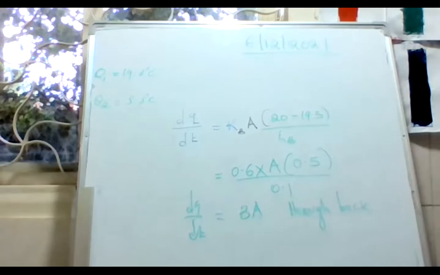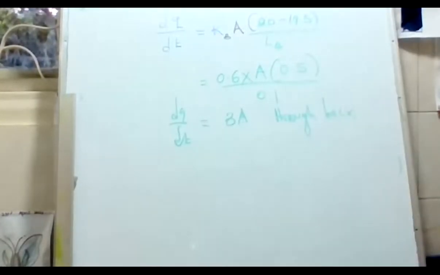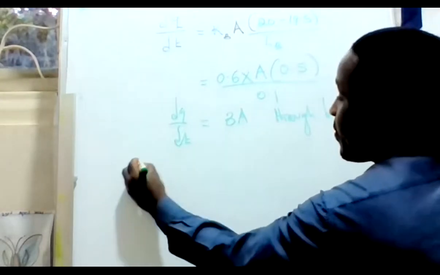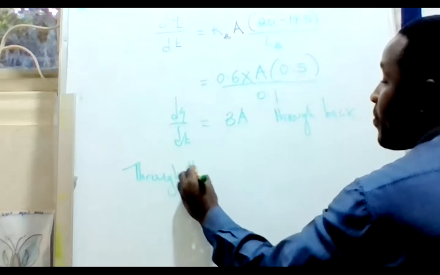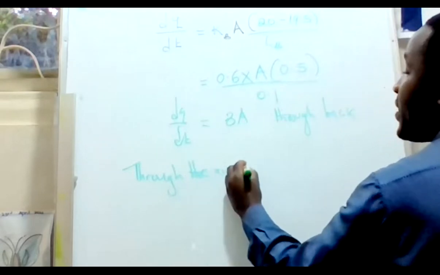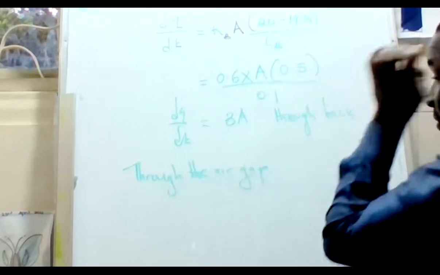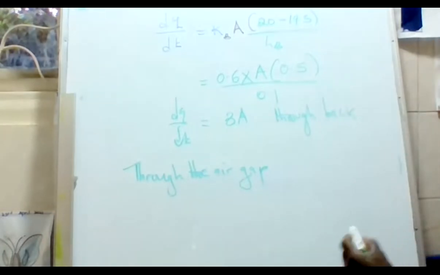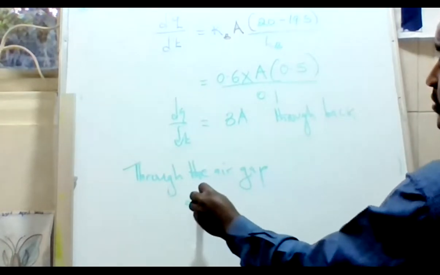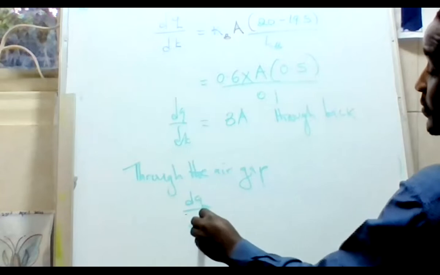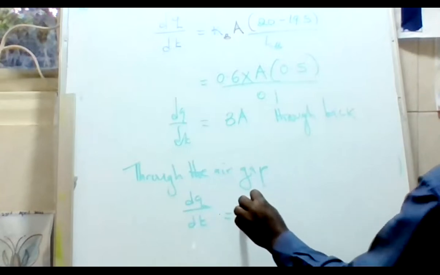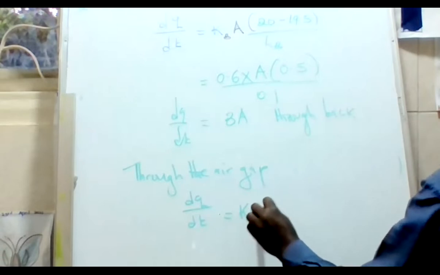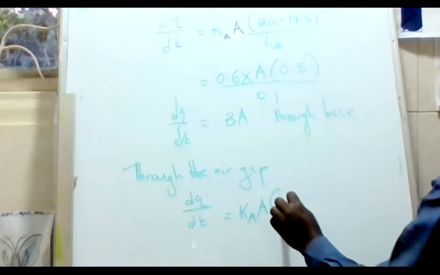Then you go to the next one, through the air gap. Through the air gap, we shall now have dQ/dt being equal to k of air times the area.